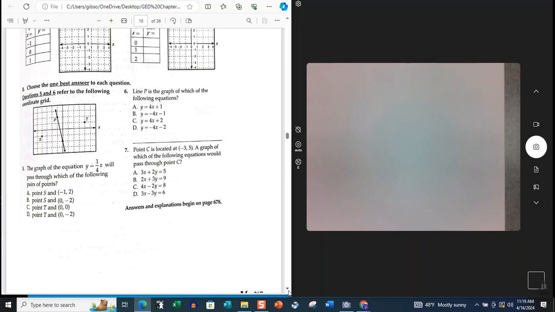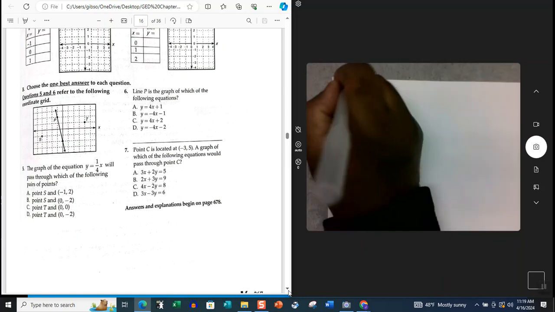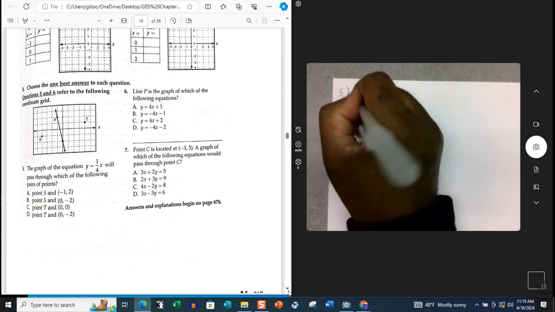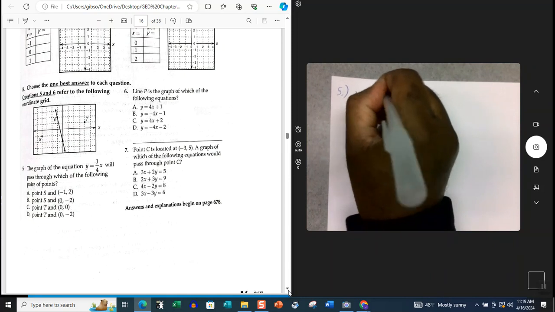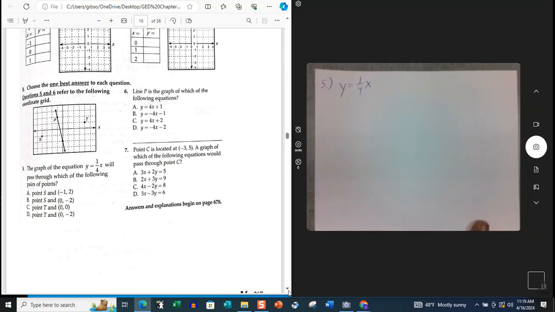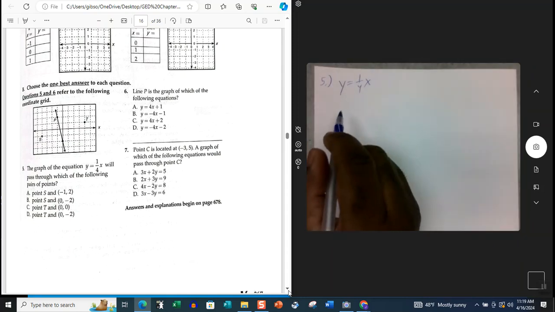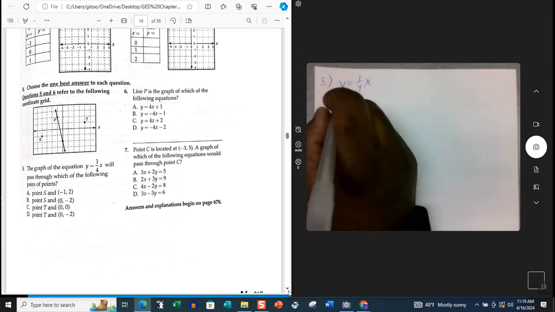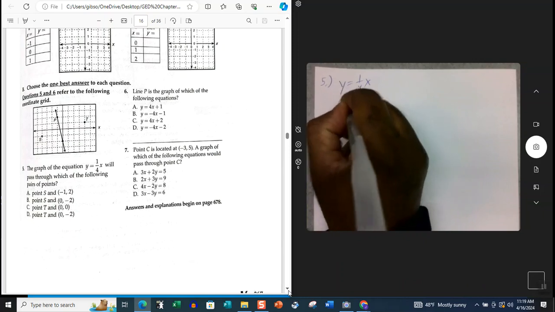Okay, so with this problem here, the answer to number 5 would be C. For number 5, we have y equals 1/4 x, and we have to find points that will work on this graph. If you look at C, they gave us (0, 0).